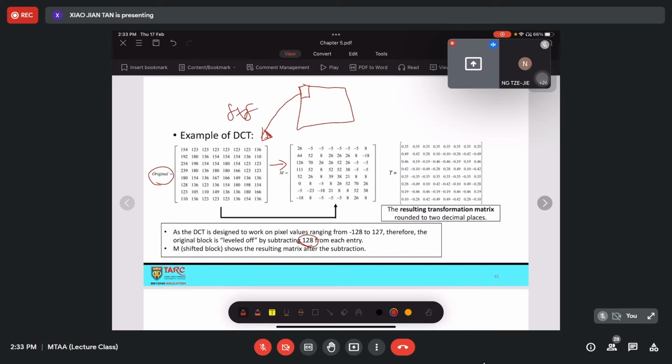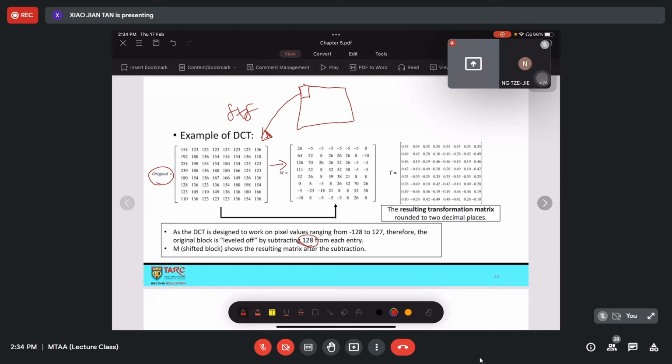Why subtract 128? It is actually because of the Nyquist theorem. Again, the Nyquist theorem was developed at Bell Labs. It obeys the Nyquist theorem, whereby if you want to approximate the waveform, you just need half of the input information. We will learn the Nyquist theorem in audio compression, I think in chapter 7 or 8.